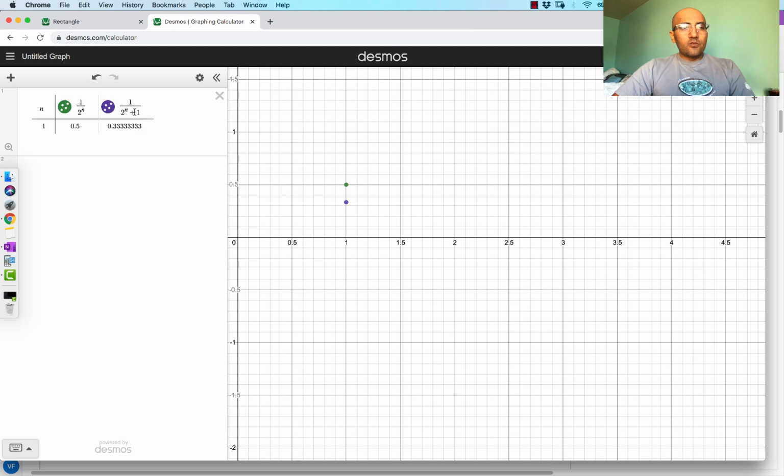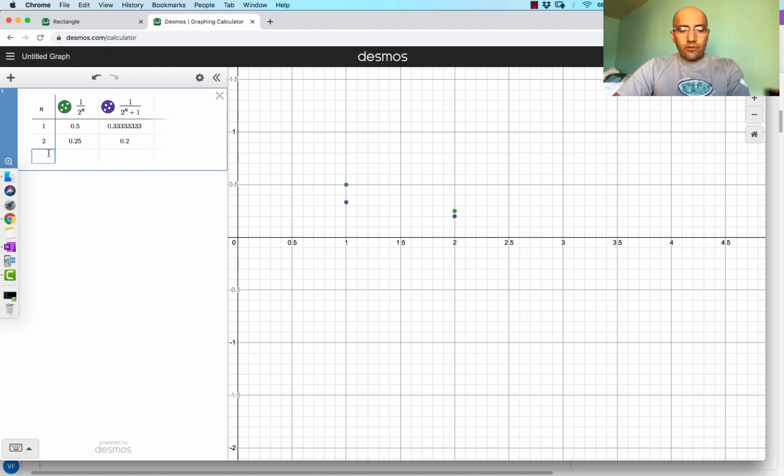Because the plus 1 makes the denominator just a little bit bigger, when I divide it makes it just a little bit smaller. When n equals 1, we see that the purple one is a little bit smaller than the green one. If we keep going to the second term, again, the purple one is a little bit smaller than the green one.